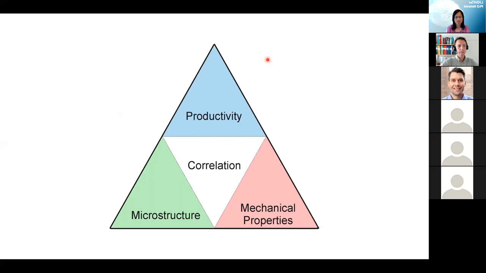So what we are trying to do is to find a correlation between these three corners, if you like. How is productivity affecting microstructure, and how is microstructure affecting mechanical properties, and so on, trying to find how we can create a part with a defined quality that fulfills the needs that this specific part needs.